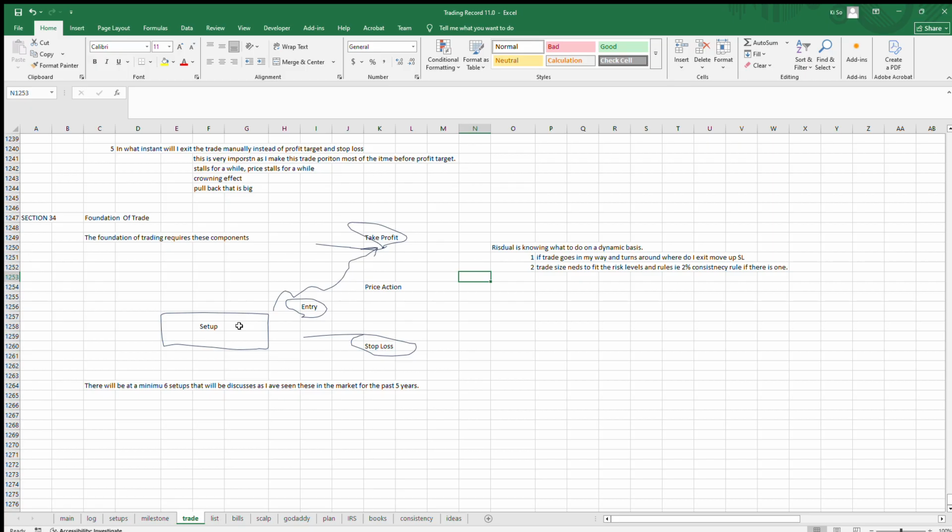So there are essentially just 4 important parts of the foundation of trade, which are the setup, the entry, the stop loss, and take profit. Then it'll all unfold based on price action, right? Everything is going to unfold because even the candles are based on price action. So these elements are important, and I'm going to discuss them.